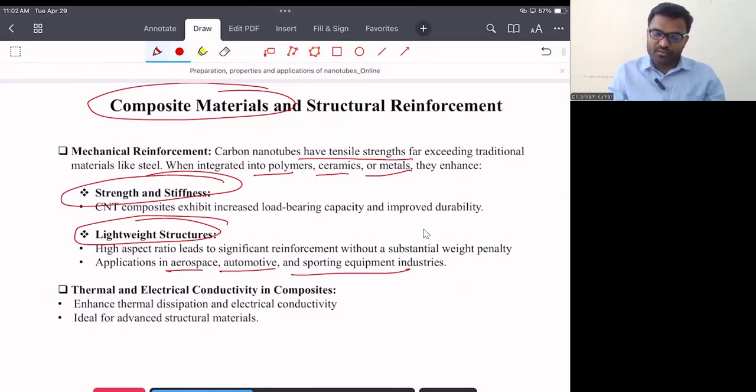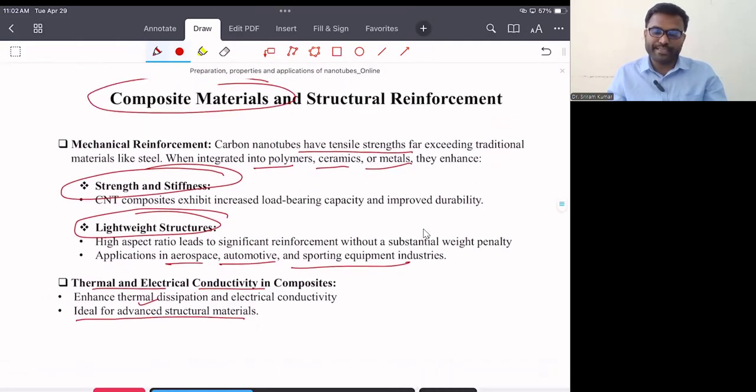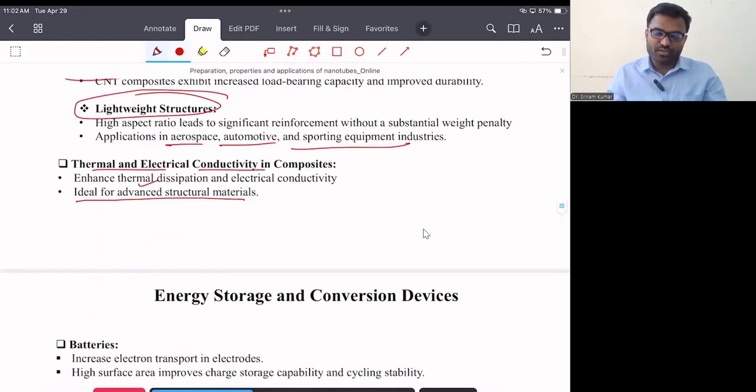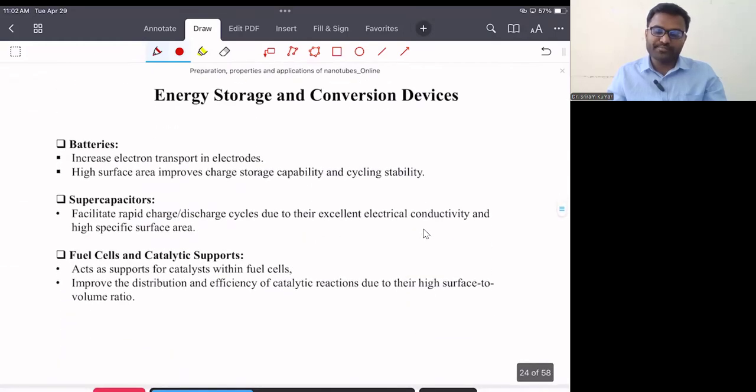And further, these materials can provide thermal and electrical conductivity in composite materials, so they can dissipate thermal energy, and that is ideal for advanced structural materials. So these are the important applications in composite materials.